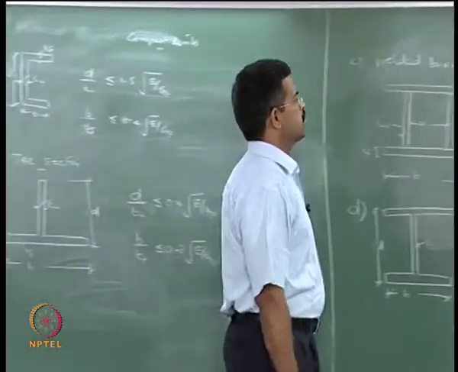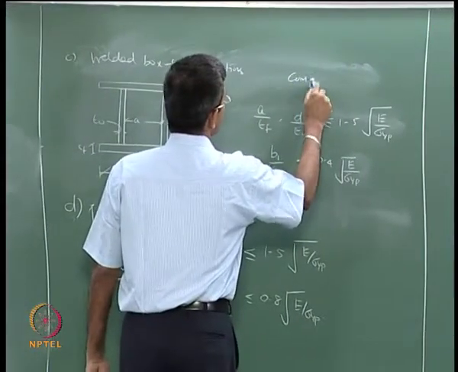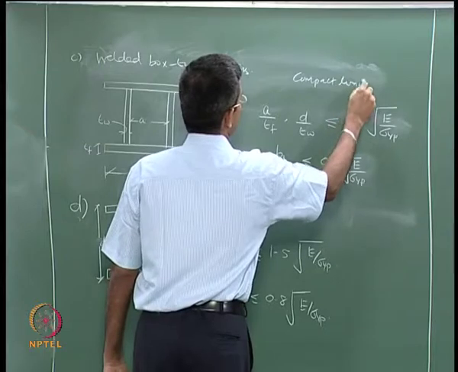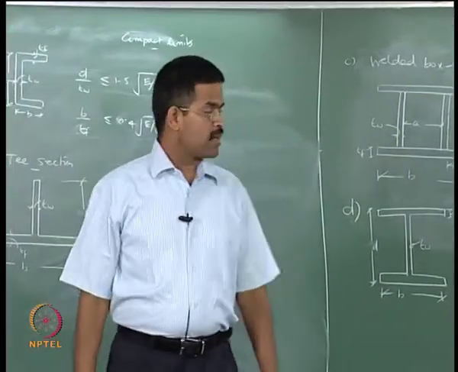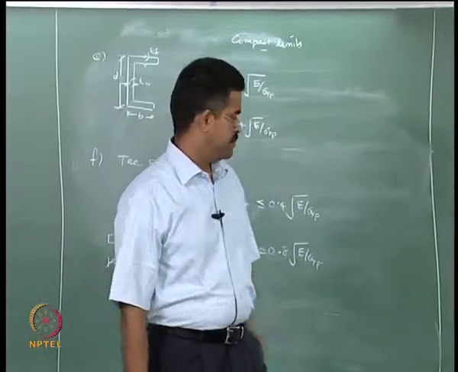These are all compact limits. When these values are satisfied, the section is said to be compact, and the buckling effect on the sections can be ignored in the analysis.